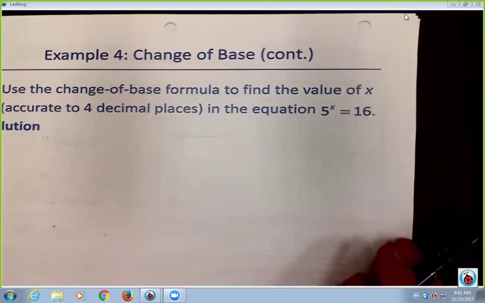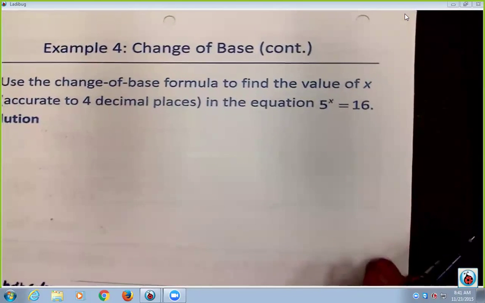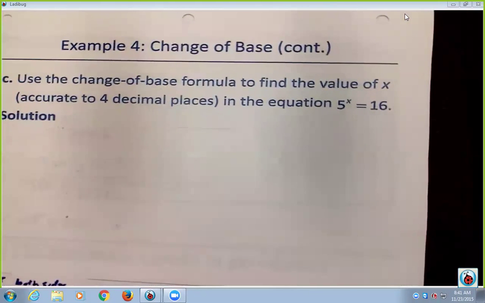And then finally, this last one is the last problem, the varieties that we happen to have. And so let's see what we can do with it.